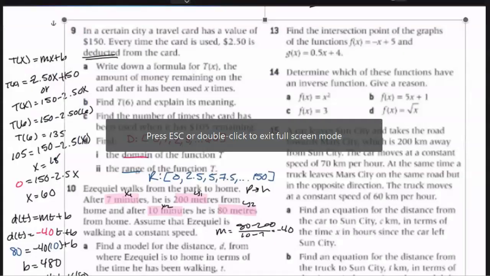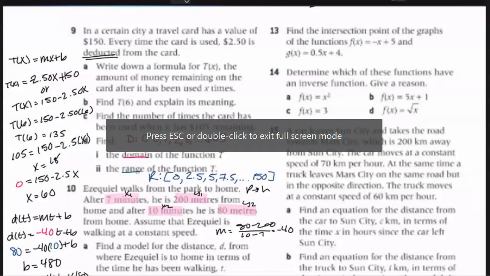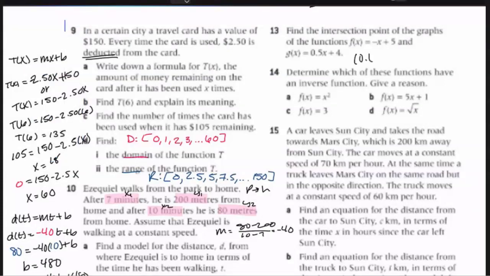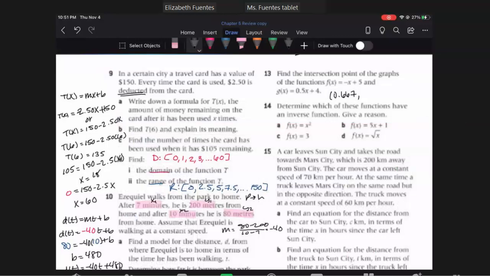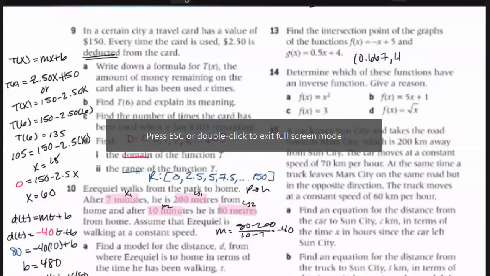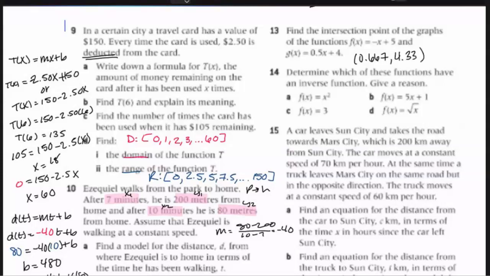So 0.667, comma, 4.33. Once again, you could have graphed it, you would have found the exact same point of intersection. You could also solve it algebraically, where you set them equal to each other and solve for x. Whichever way you want to find it, just make sure you have an x and y value, because it is a point of intersection.